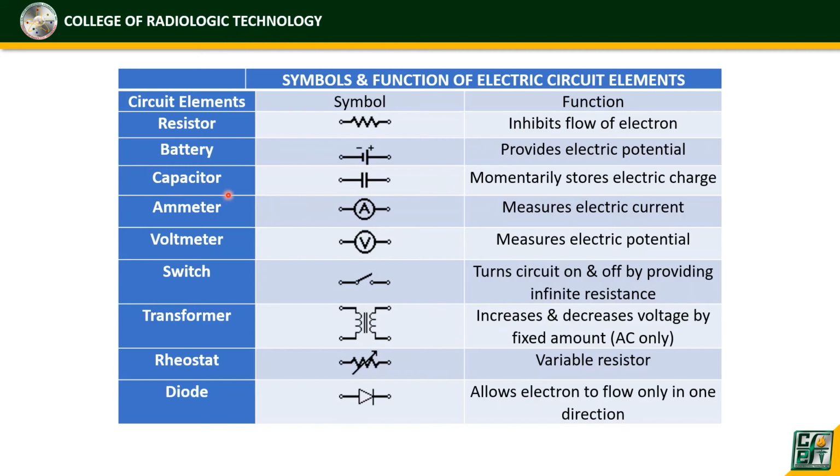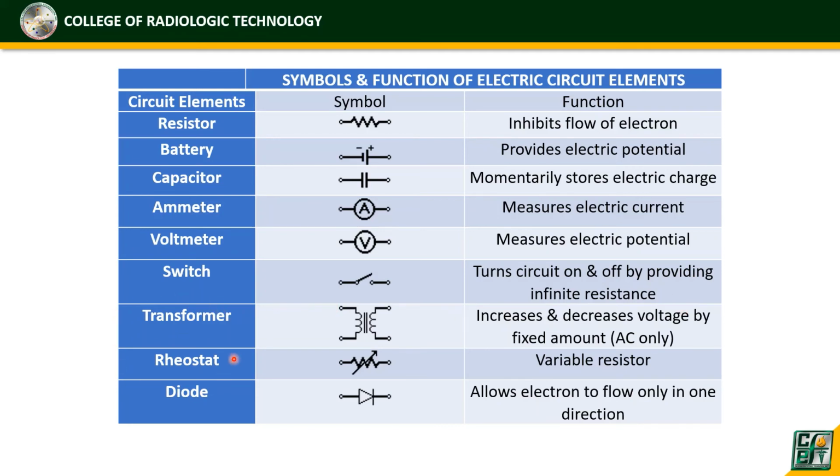Then capacitor, okay, that is the symbol. Momentarily stores electric charge. Then the ammeter, okay, measures electric current. Then voltmeter, it measures voltage, electrical potential or voltage. Then the switch turns the circuit on or off by providing infinite resistance.